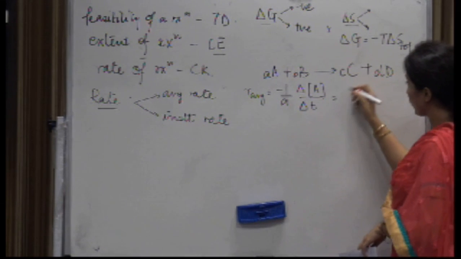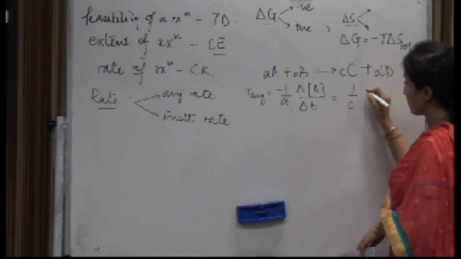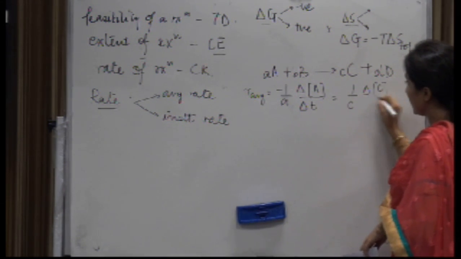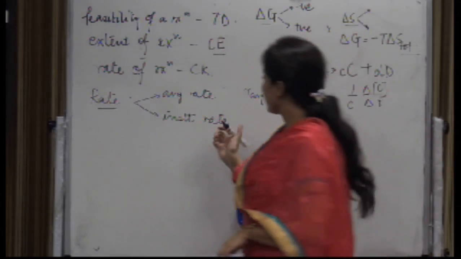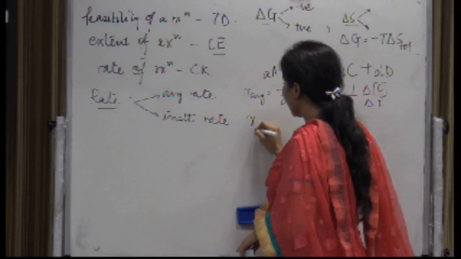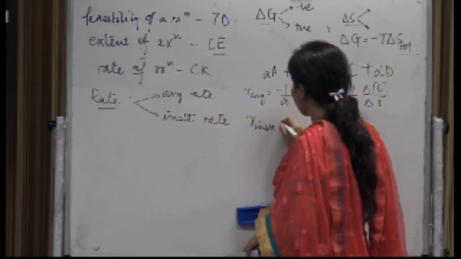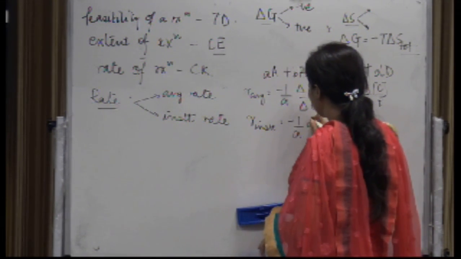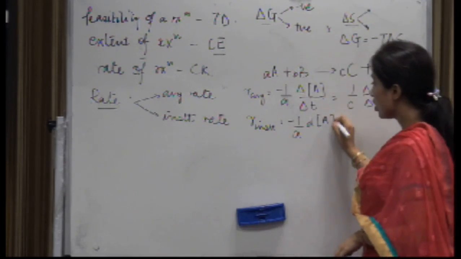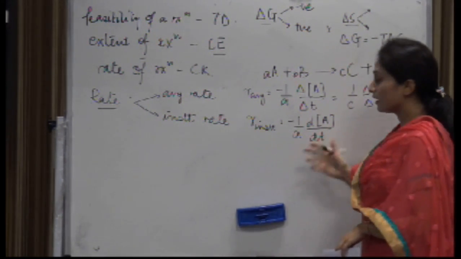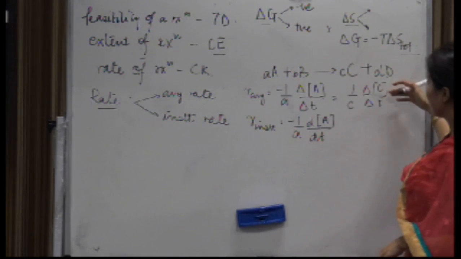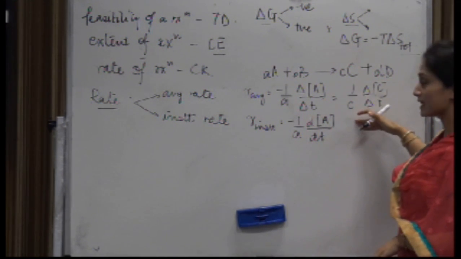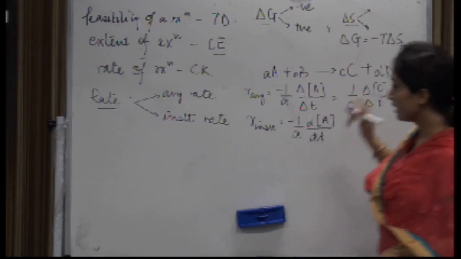I'll just put it for one of the products, that will be equal to plus 1 by c delta of C upon delta t, and you must have done questions based on it. Then you have instantaneous rate. Your instantaneous rate is nothing but minus dA by dt, at any particular instant of time, and it becomes the same for the products as well. It becomes plus 1 by c dC by dt, right?